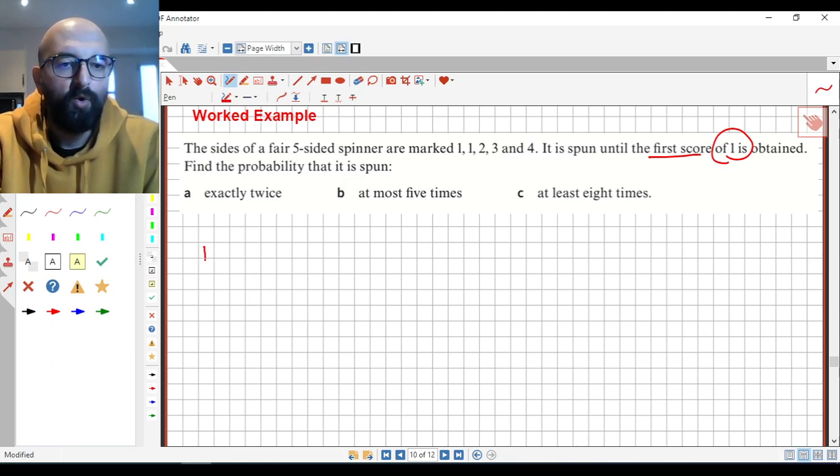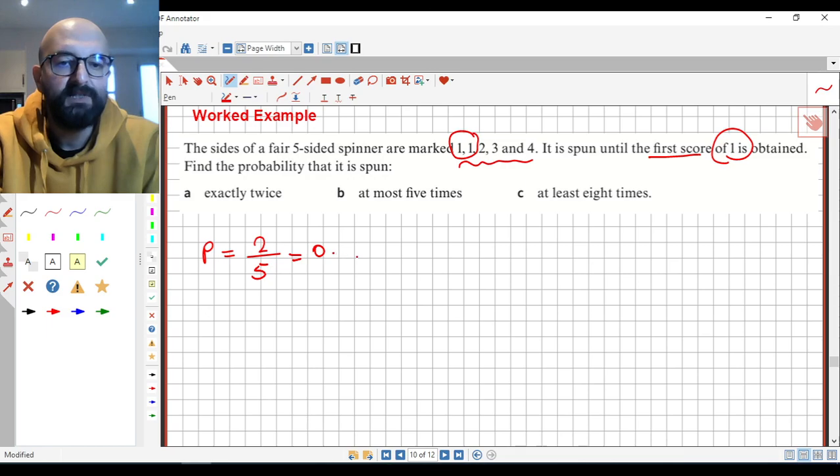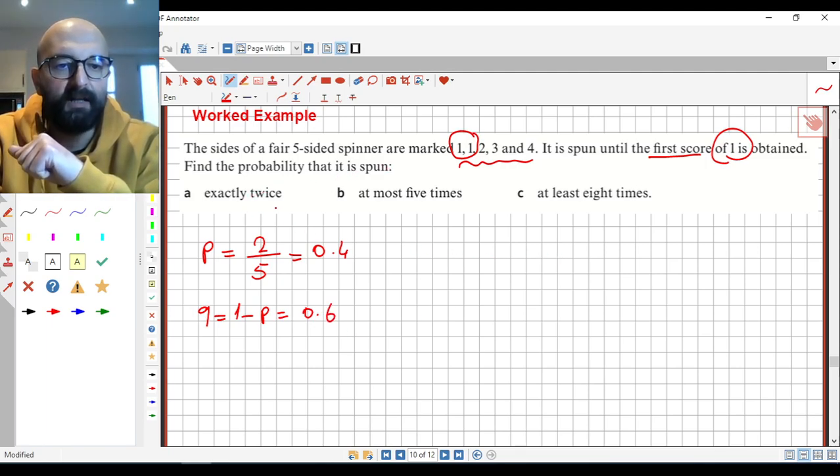The probability of success is 2 over 5, which is 0.4, and the probability of failure is 1 minus p, which is 0.6. Find the probability that it is spun exactly twice.